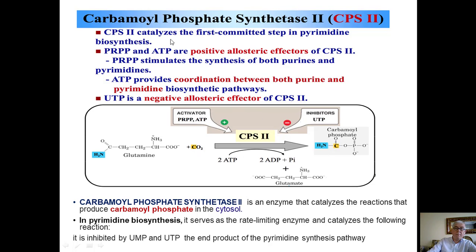This enzyme catalyzes the first committed step in pyrimidine biosynthesis and also has positive allosteric effectors such as PRPP and ATP. UTP and UMP are negative allosteric effectors of the enzyme carbamoyl phosphate synthetase 2.